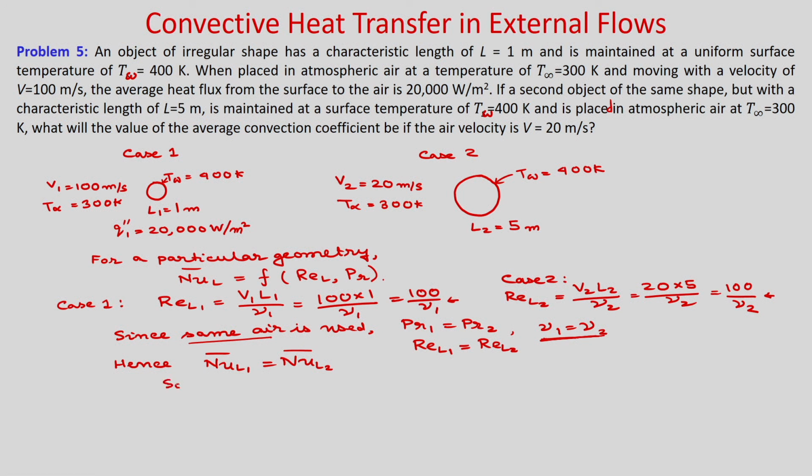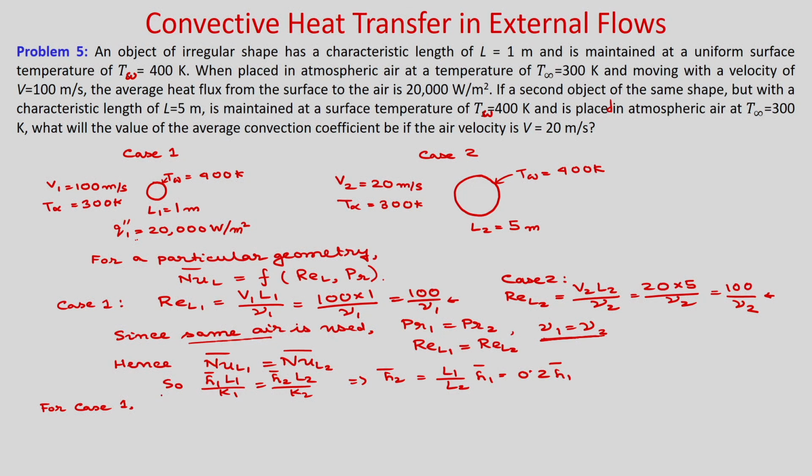So, you can write average heat transfer coefficient H1 L1 divided by K1 is equal to H2 L2 by K2. From here you can write H2 in terms of L1 by L2 into H bar 1, and L1 by L2 is 1 by 5, so 0.2 into H1 bar.